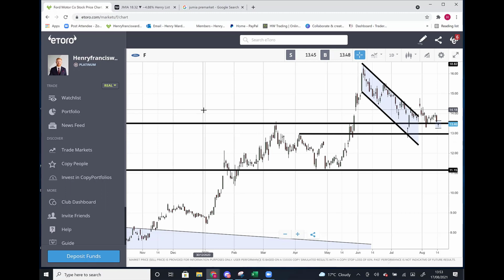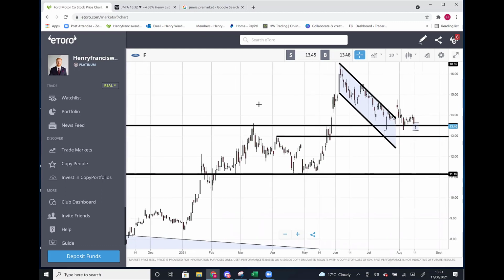Sorry. No trend. Now, for me, looking at the structure here, there's a low which broke that level, which tells me that this level has been broken before. Secondly, there's the high, come back down, a lower high, come back down, lower high, come back down, lower high.